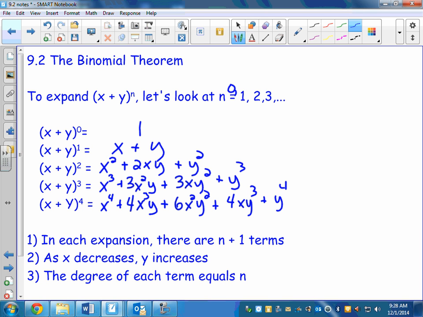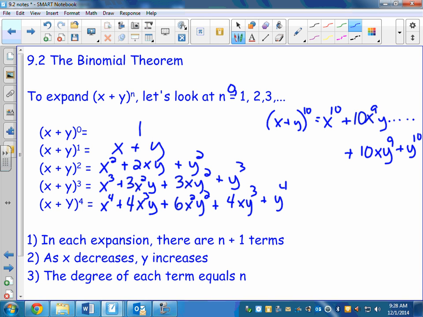So if you had the 10th power, I could start right away by knowing, I don't know all of them by heart, but I know it would start with x to the 10th, and then I know it would go 10 x to the 9th y, right? Because every time the x goes down, the y goes up, and the second term is always the n, and there's going to be a whole bunch of terms in between, and then the second to last term is going to be 10 x y to the 9th, and then the very last term is going to be y to the 10th.